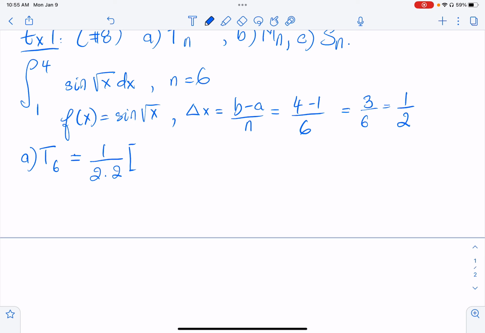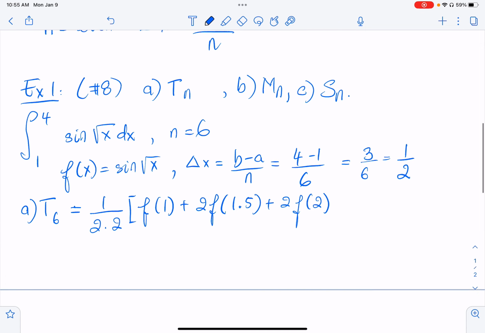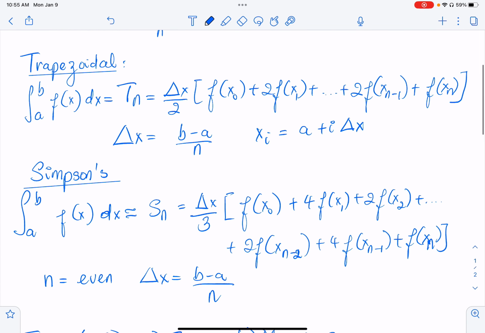And then we plug it in. F of 1 plus 2 f of 1.5 plus 2 f of 2. So you can see right here for trapezoidal, xi is going to be a plus i delta x.